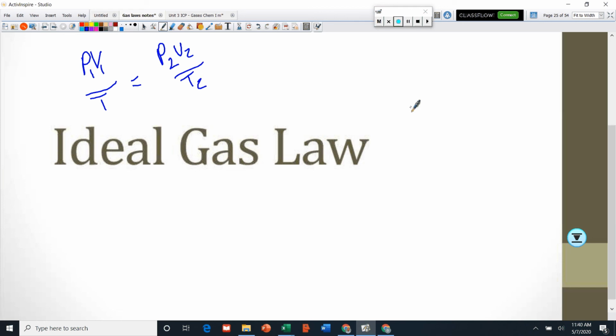So what we want to establish is a relationship between pressure, volume, temperature, and moles. All right, so we want to be able to get all four of these things and calculate it using one problem. The difference between ideal gas law and the other gas laws is that ideal gas law is only one set of conditions.